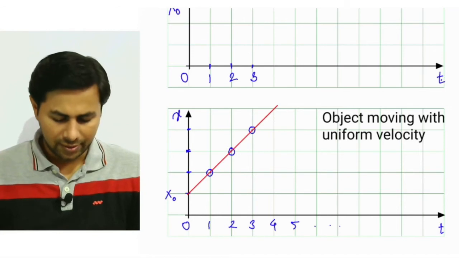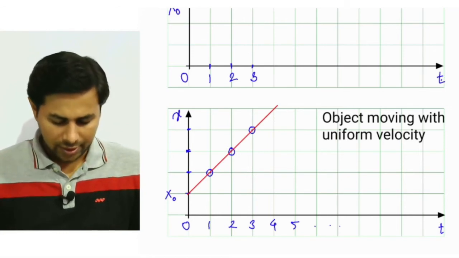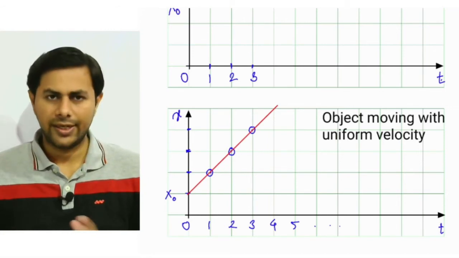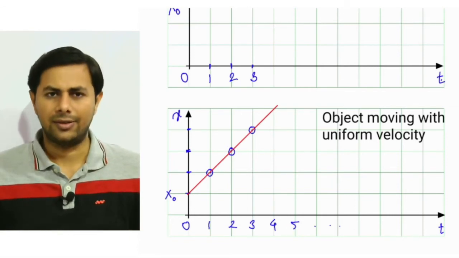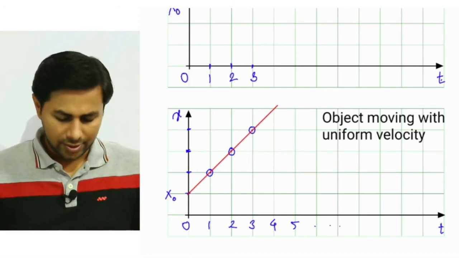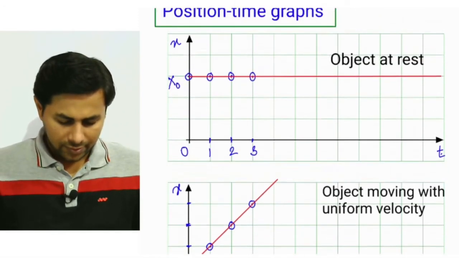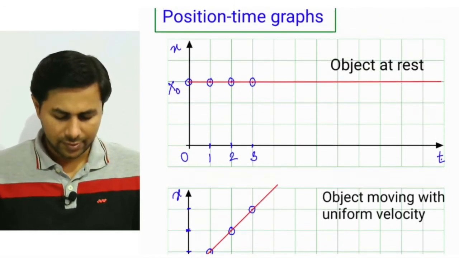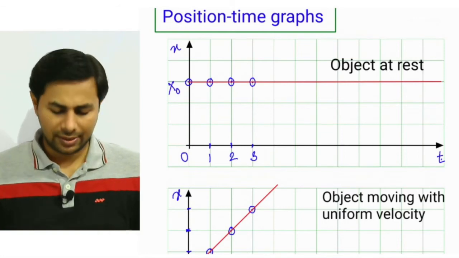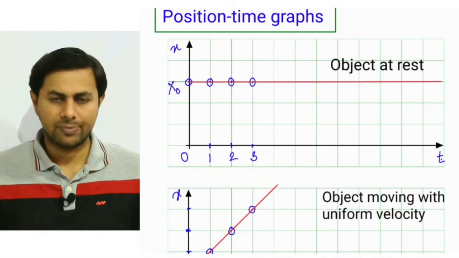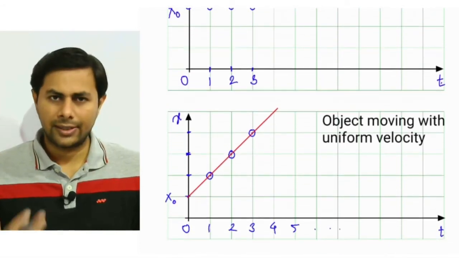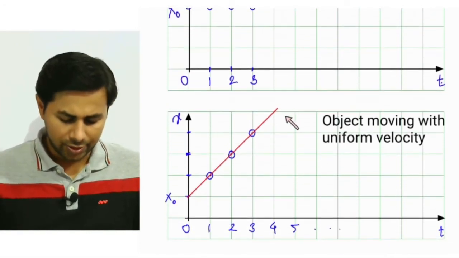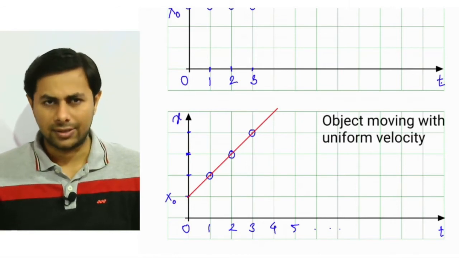Here we can see the graph is a straight line, but it is now inclined to the time axis at some angle. So if velocity is 0, the position versus time graph is a straight line parallel to the time axis. But if velocity is non-zero and positive, then the position versus time graph looks like this.